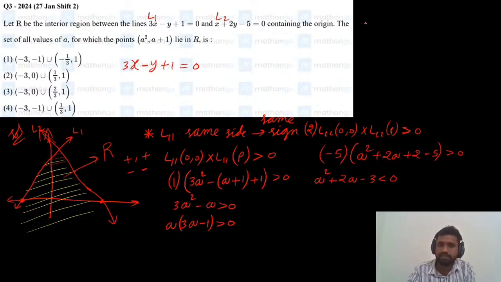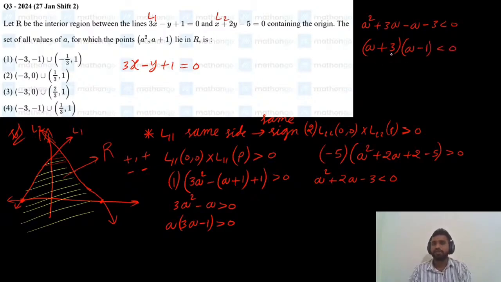I'm writing here a square plus 2a, we can write it as 3a minus a and minus 3 less than 0. So a of a plus 3, and minus 1 of a plus 3. So a minus 1 less than 0.